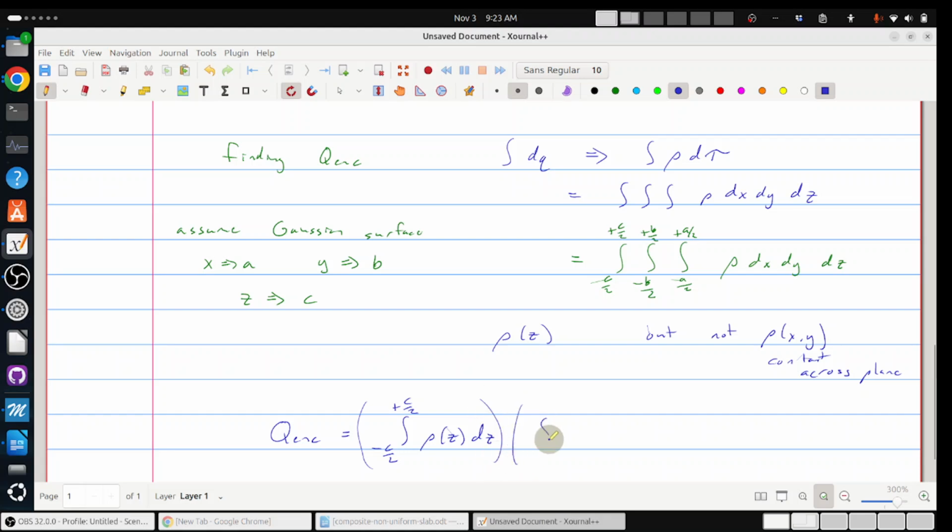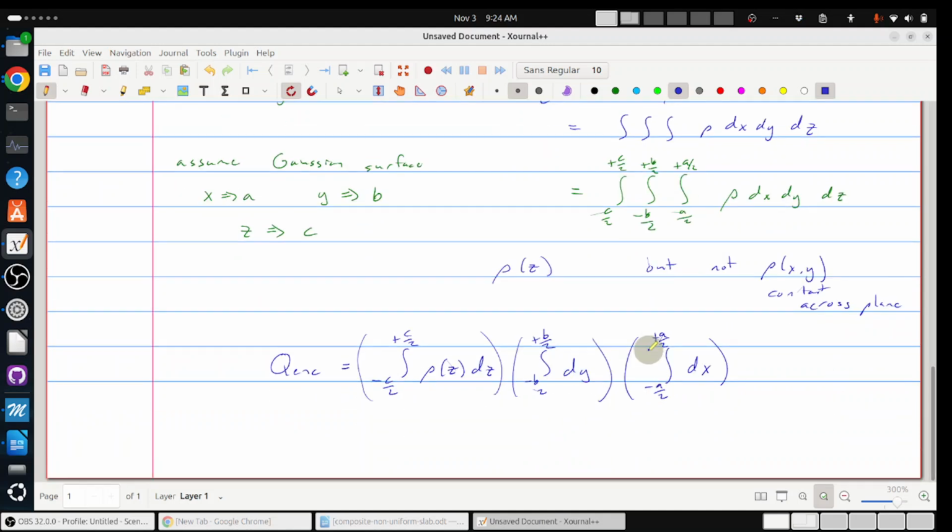But then separately, I can do the integral over the x and y coordinates, dx and dy. And this one is just going to simplify down to a. This one is just going to simplify down to b. And this is the one where we need to actually do the integral.